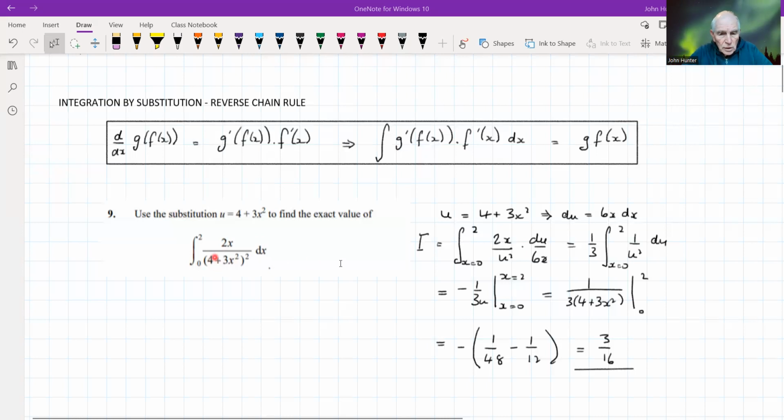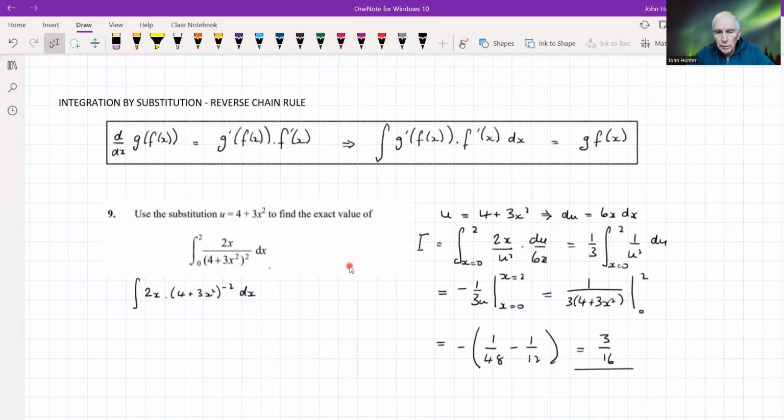If you see it as 2x times (4 plus 3x squared) to the power of minus 2, somehow it looks more like a reverse chain rule possibility.